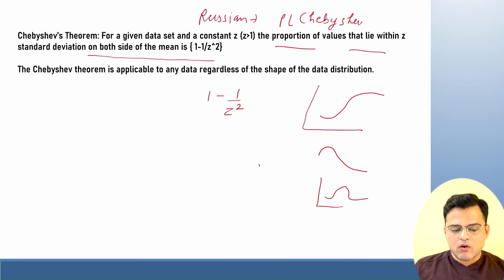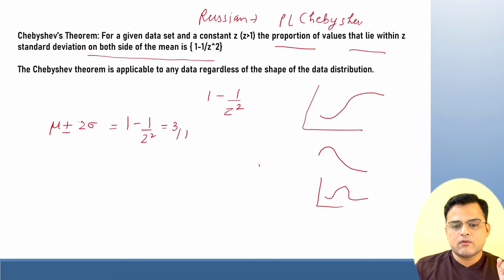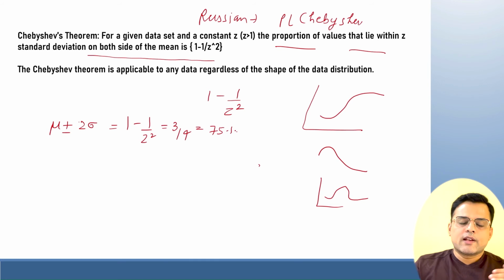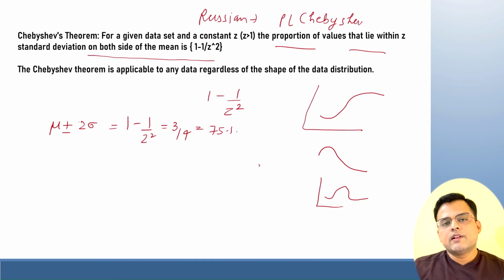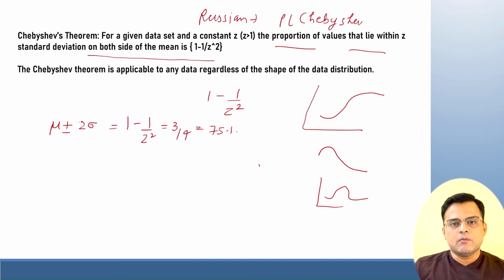So now how do we calculate how much data lies within a certain number of standard deviations? If we calculate mu plus minus 2 standard deviations, where the z value is 2, 1 minus 1 by 2 square is 3 by 4, which is 75%. So regardless of the distribution of the data, 75% of the values will lie within 2 standard deviations of the mean.